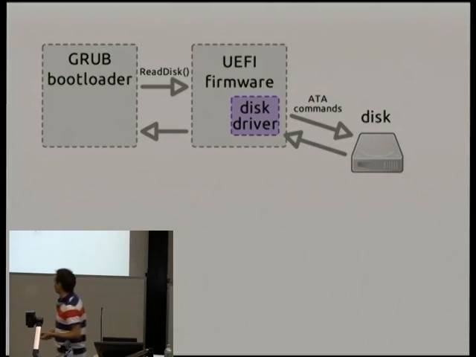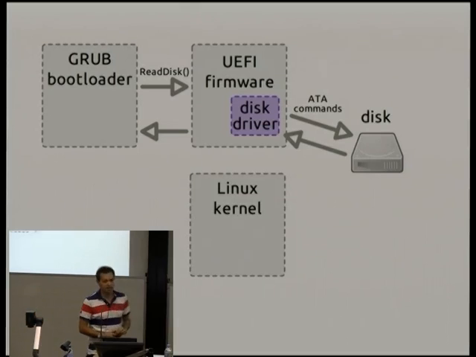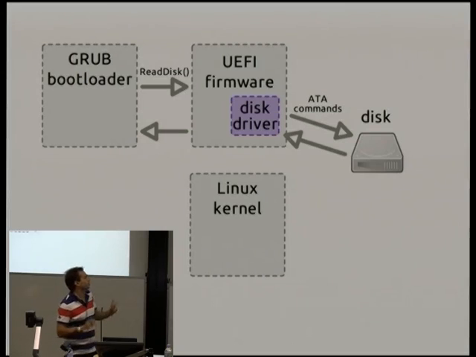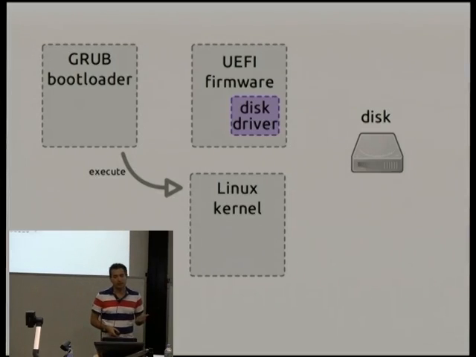Typically, this read example will be to load our kernel into memory. So in this case, grub has used the firmware interface provided by this UEFI firmware, using the read disk API, loading our Linux kernel, and then finally passing the execution to the Linux kernel. So now the kernel is running.